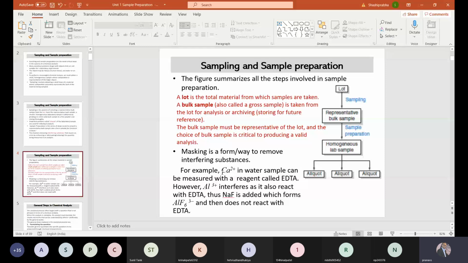And that is where we add a masking agent such as sodium fluoride, which reacts with aluminium to form AlF6. And once that is formed, it does not enter into the reaction with EDTA, and hence it is possible to determine calcium in a water sample using EDTA.